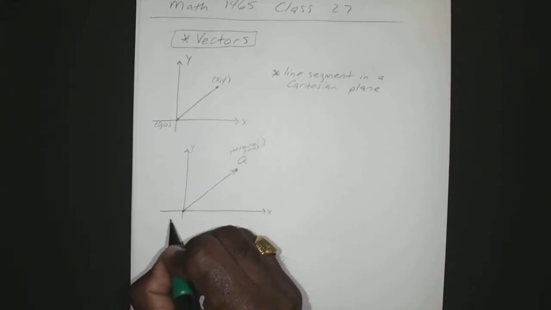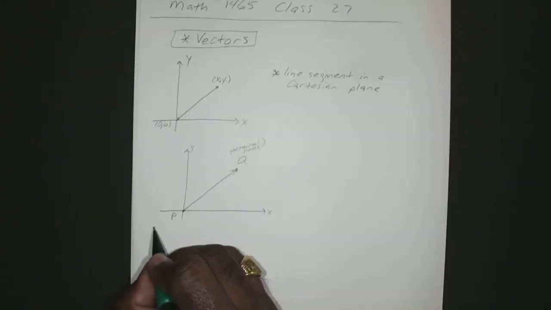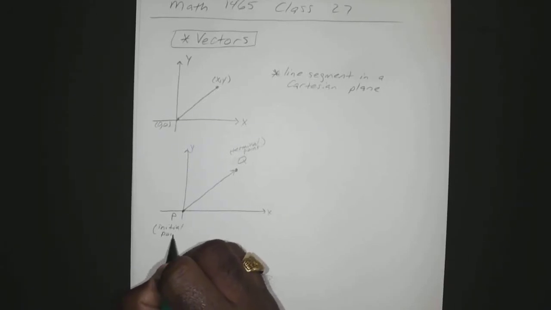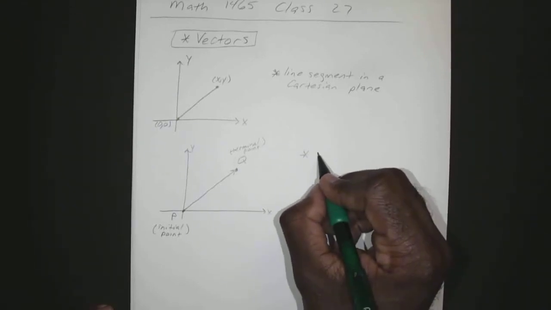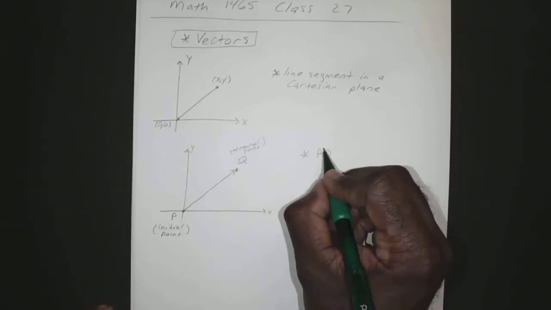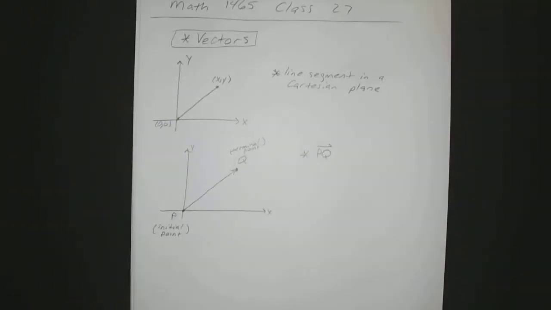And where we started, we'll call that P, and that'll be our initial point. So from P to Q, that's a directed line segment. It has an actual direction.